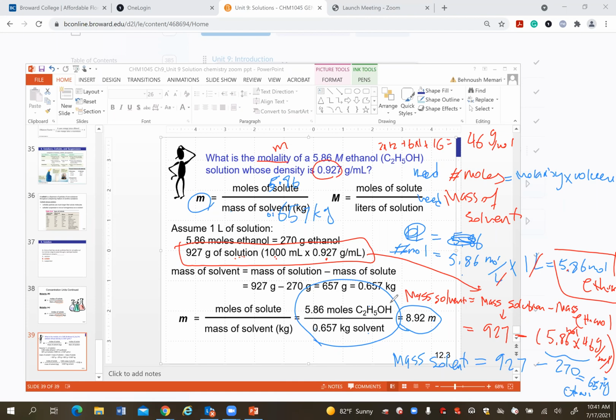We do use it for colligative properties, like when there is a change in temperature of a solution, when you add solute to solvent and there is a freezing point depression or boiling point elevation. In those cases, we use molality, which is the number of moles divided by kilograms of solvent. Okay.